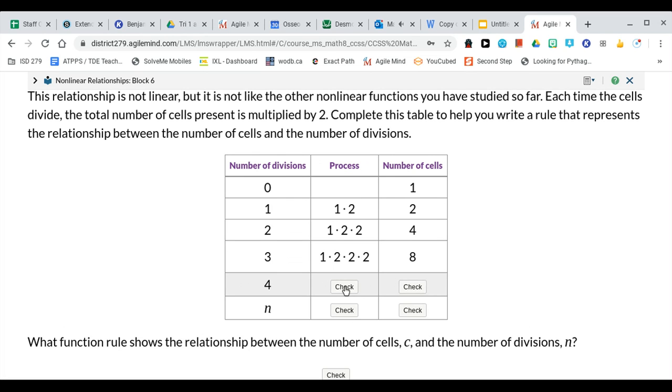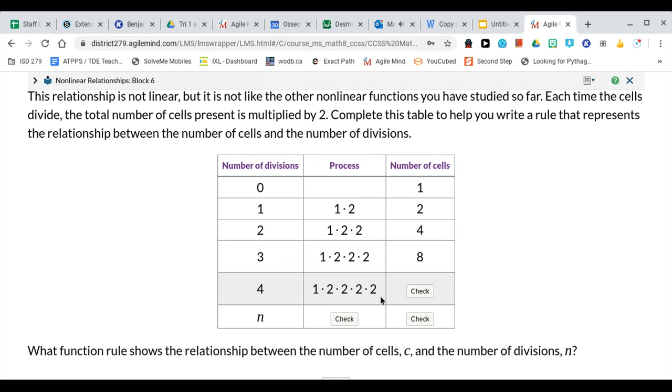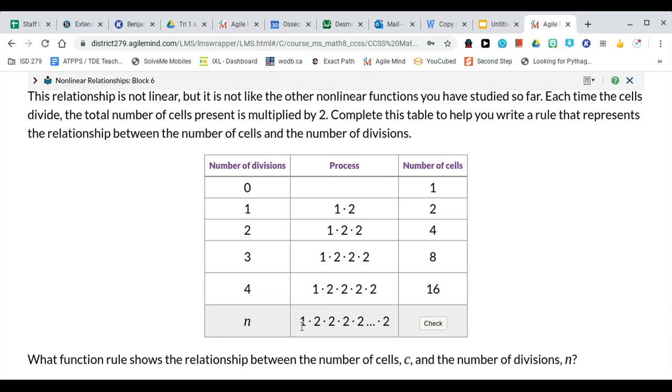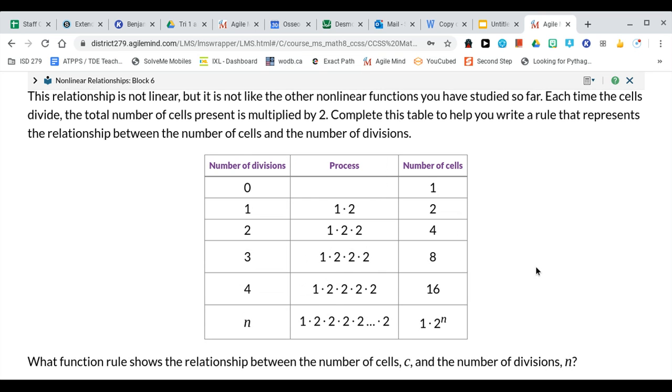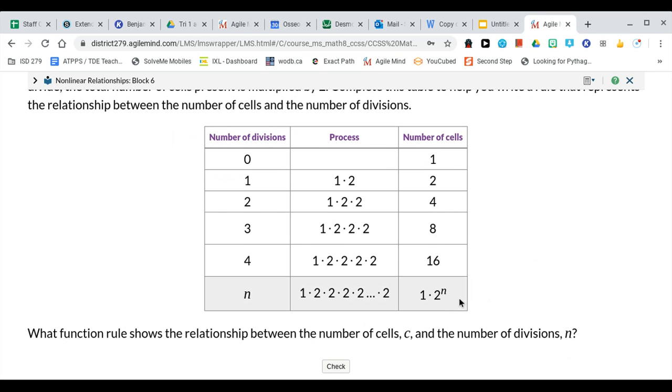The next one then has 4 2's, which is 16. If you look, the number of divisions equals the number of 2's that we have. So if we were to write a rule for this, for n, we would have 1 times 2 times 2 times 2, no matter how many 2's, which would give us 1 times 2 to the power n.